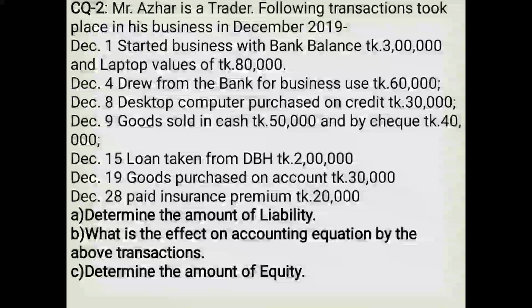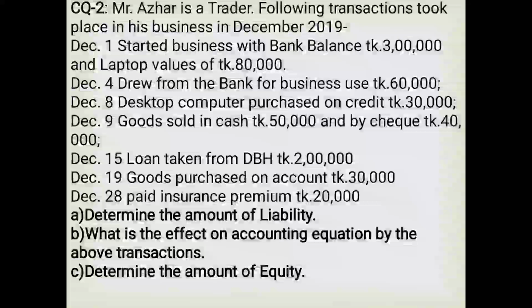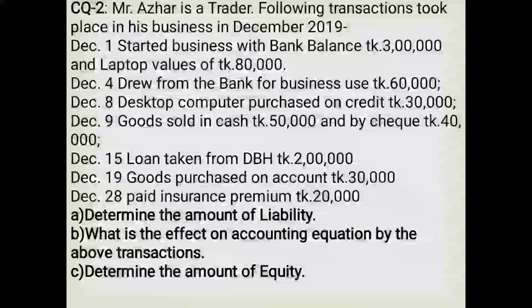From this question, I can find out the amount of liability. Liability is in December 8, desktop computer purchased on credit. On credit, that is liability. Another one, December 15, loan taken from DBH, other source or institution, it doesn't matter.